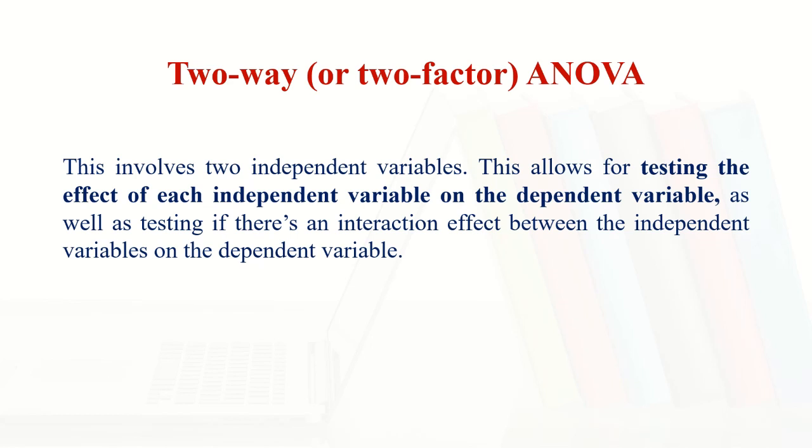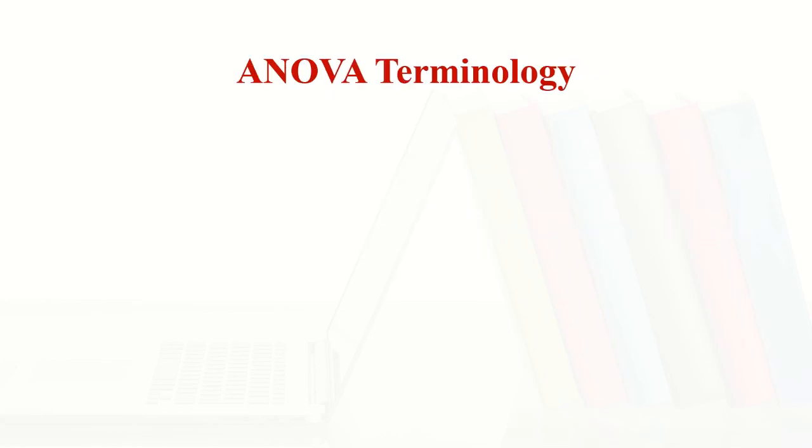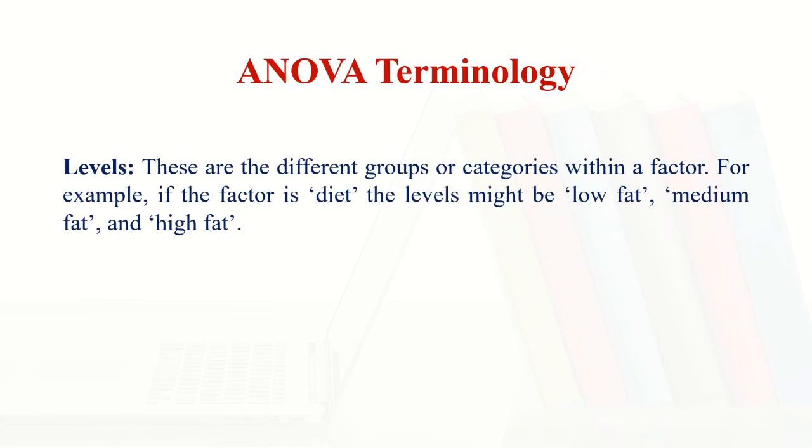So there is a dependent variable and another is an independent variable. What is the effect of the independent variable on the dependent variable, that we will calculate with the help of two-way ANOVA. So if there is an interaction effect between the independent variables on the dependent variable.